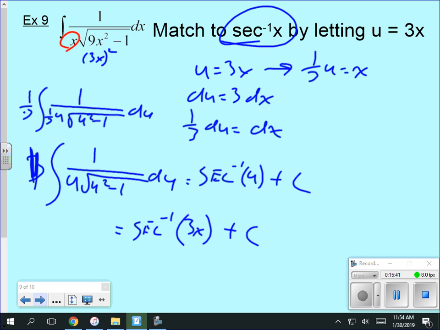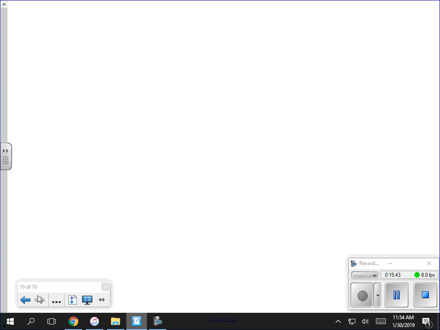Okay, I do have one other thing for you though. One more problem to do. The integral of 1 over cabin. What's cabin?